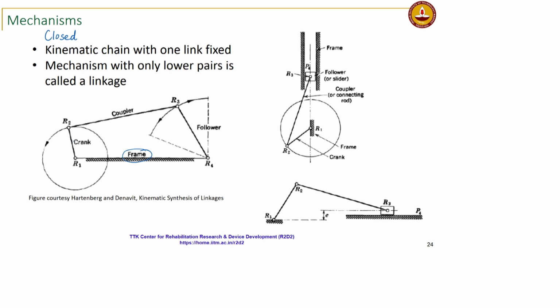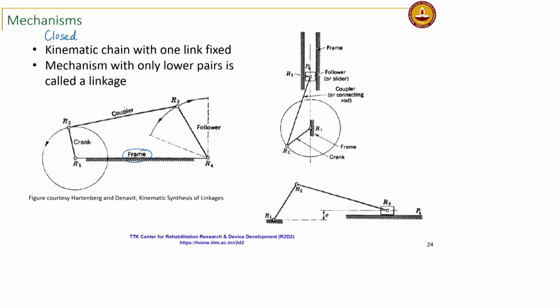The crank can sometimes be used to refer to a link that can make a complete revolution, or sometimes it is used to refer to the input link, whether or not it can make a complete revolution. The output is usually called the follower. The crank and the follower both pivot about points fixed to the ground.